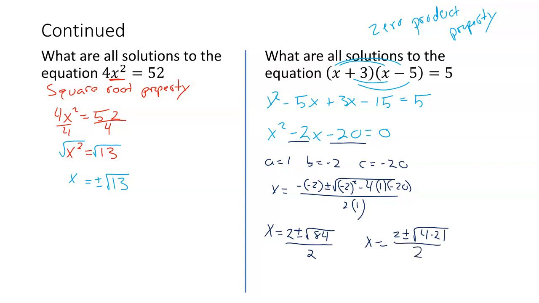So I can split that into 4 times 21. What's the square root of 4? 2. So x equals 2 plus or minus 2 root 21 over 2.